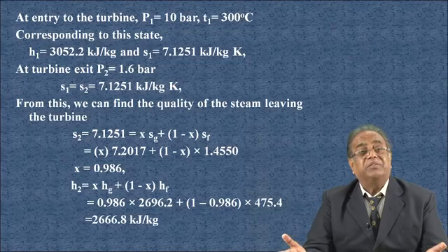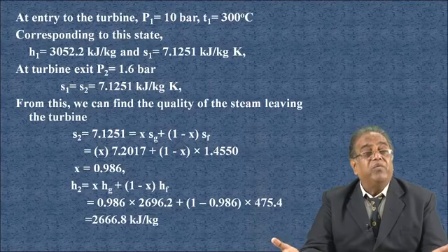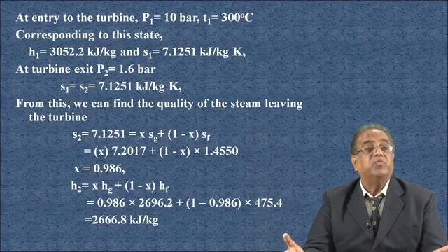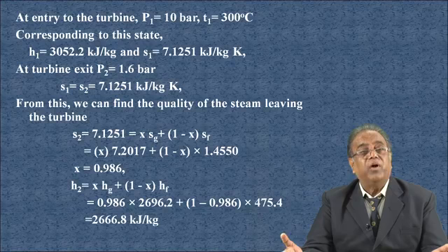At turbine exit, P2 is given as 1.6 bar. But we know very well, since it is an isentropic process, entropy at point 1 is equal to the entropy at point 2. So S1 is equal to S2 is equal to 7.1251 kilojoule per kgK.